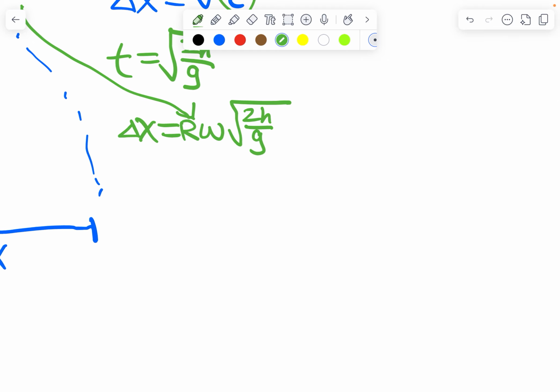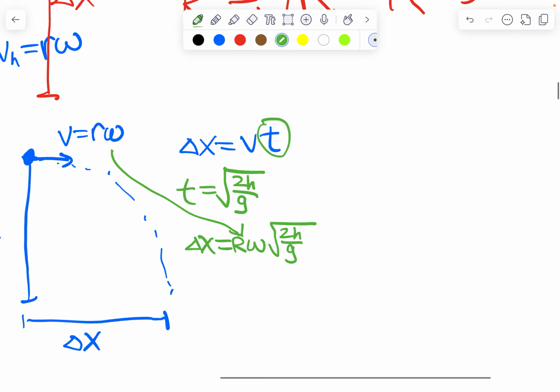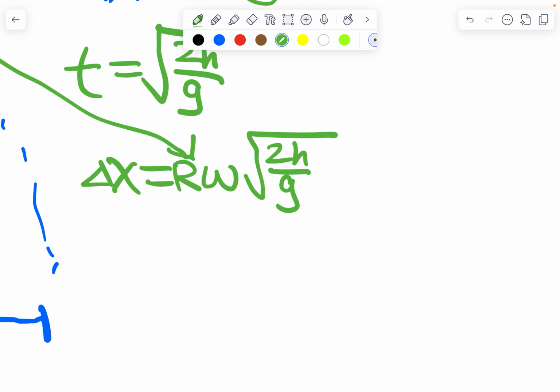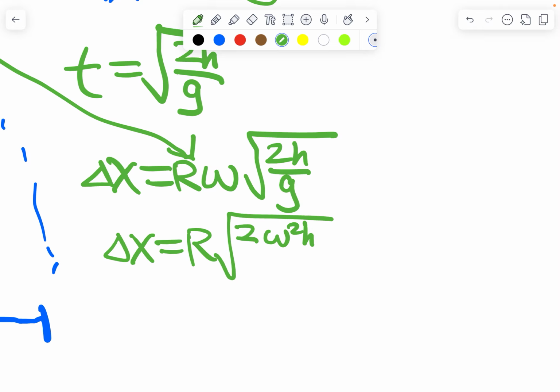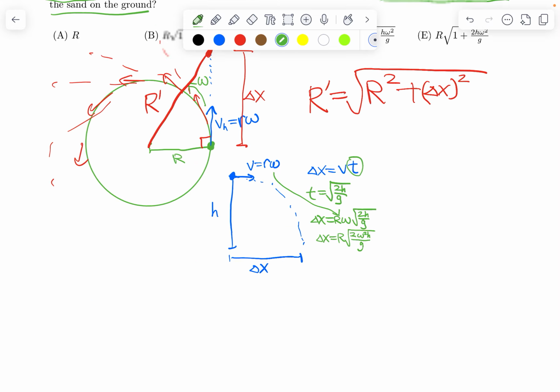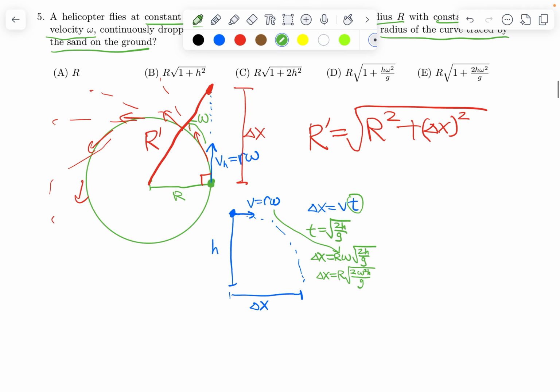And that can be changed into delta x equals r square root of 2 omega squared h over g. And I change it into this because the answer choices, all of them have the omega squared inside of the square root.